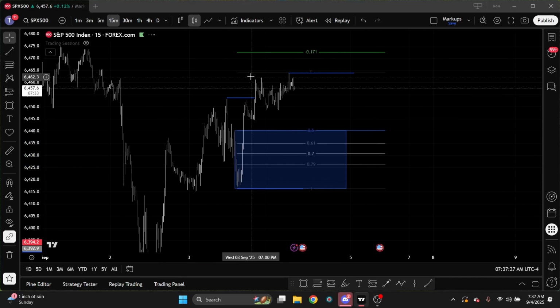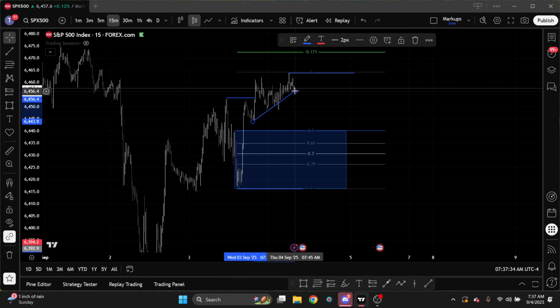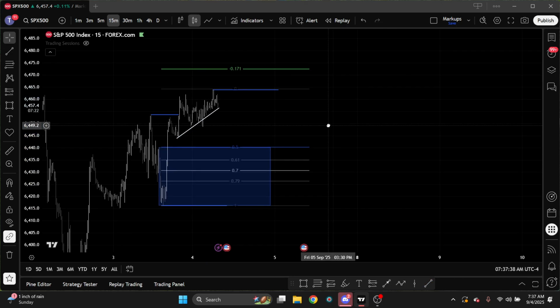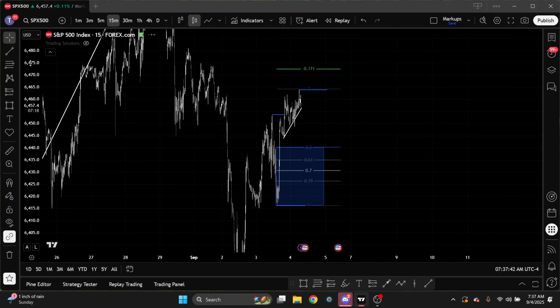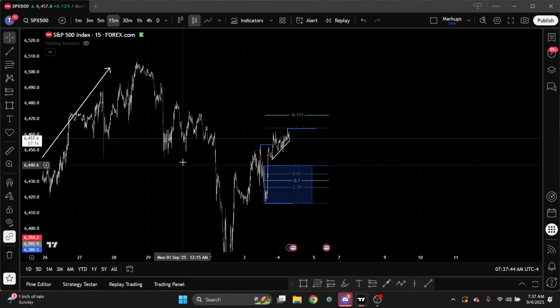Some type of reaction from here. Take all that liquidity here. Take all that liquidity. Come down and tank back up. But yeah.